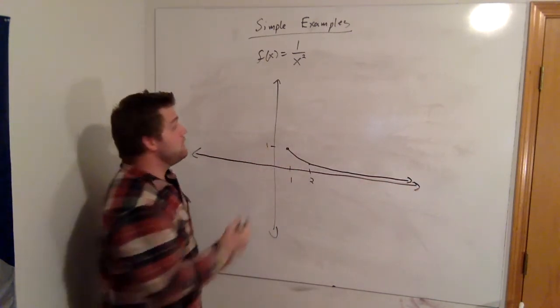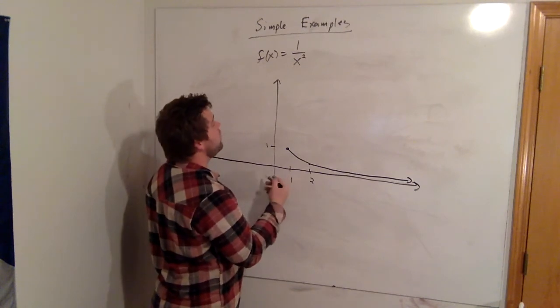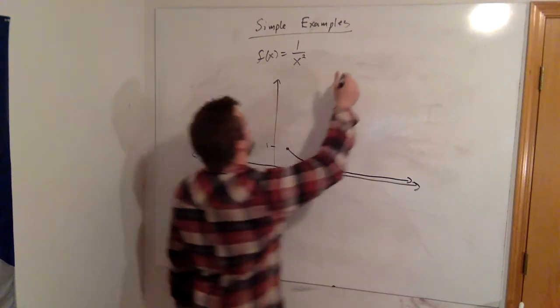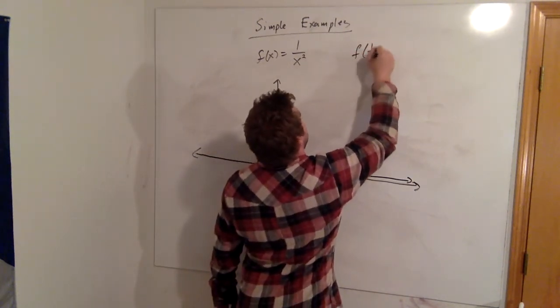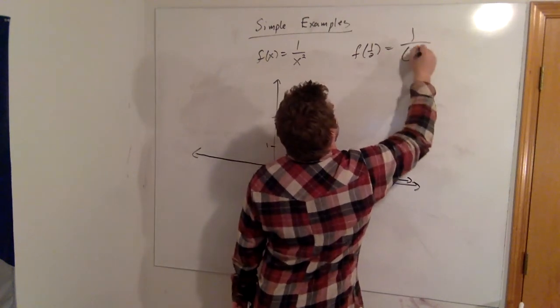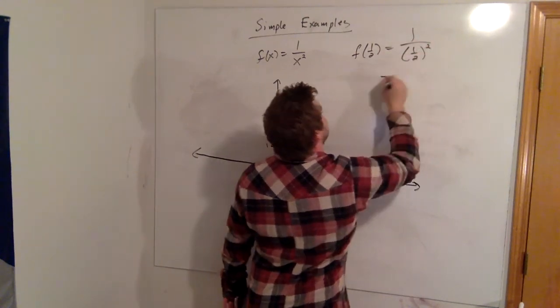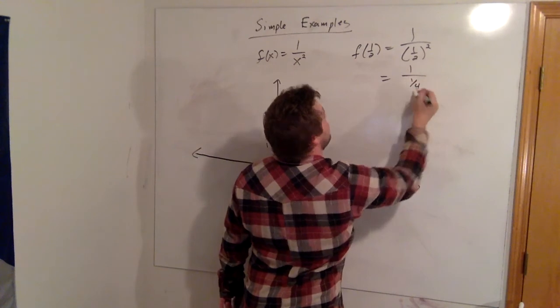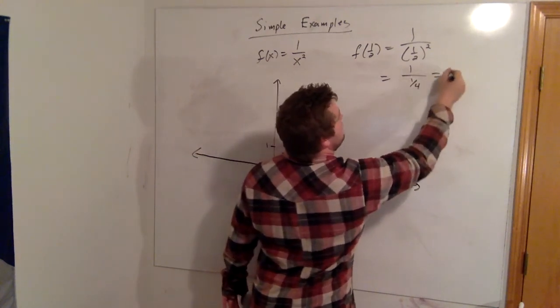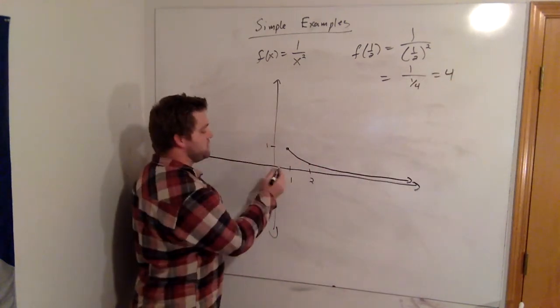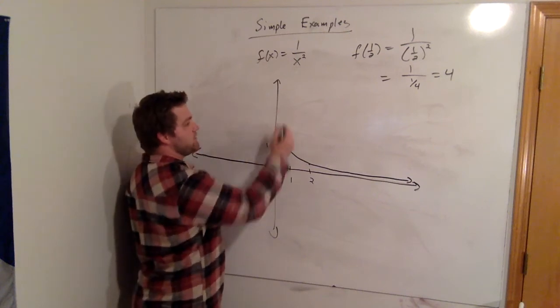And in a similar way, when I plug in numbers between 0 and 1, like for example, if I plugged in 1/2, I'm going to get 1 over 1/2 squared. So this is 1 over a fourth. How many times does a fourth go into 1? It goes in 4 times. So when I plugged in a half, I get out 4.